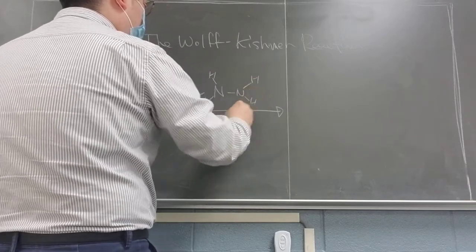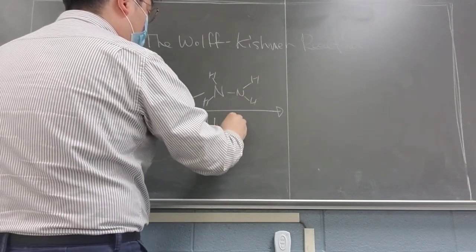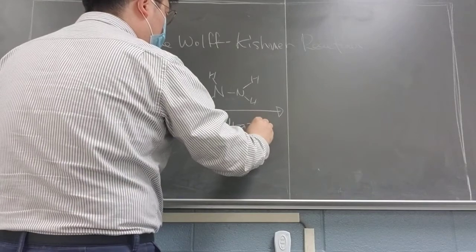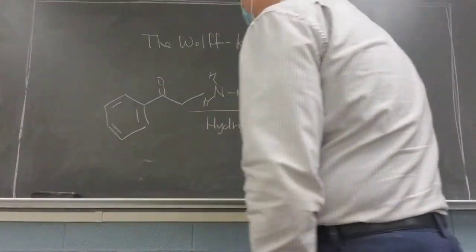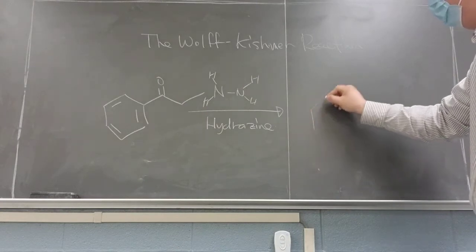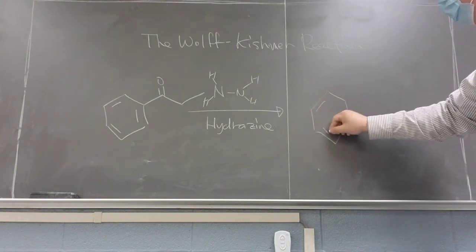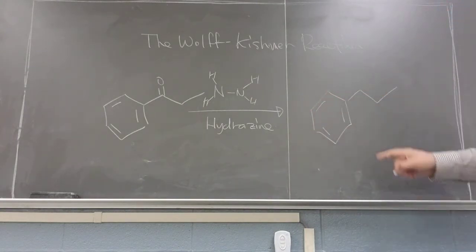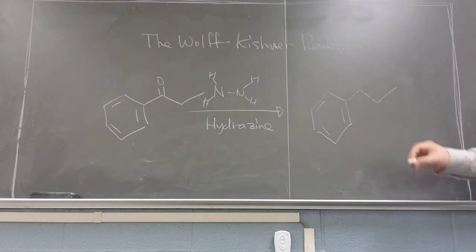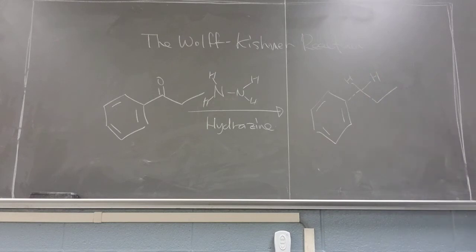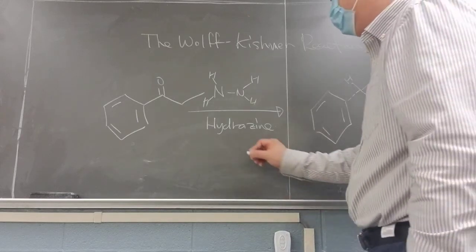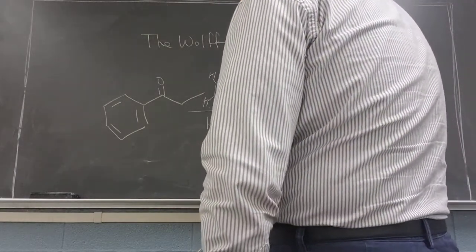This is what we call hydrazine. So if you do this one, I'll show you the trick first. They can reduce the carbonyl group, so it'll be just nothing there. So you're actually adding 2 hydrogens over here. Some base.